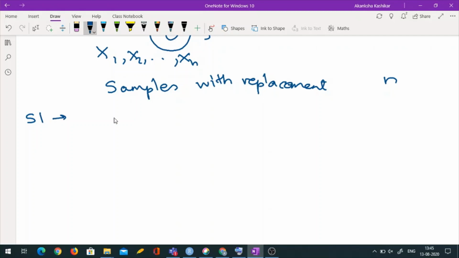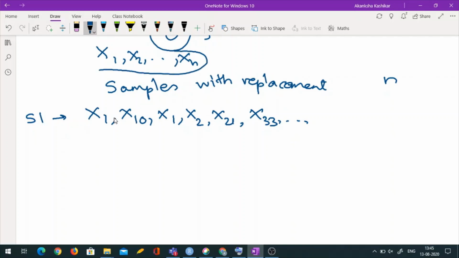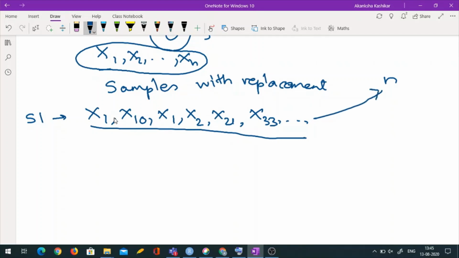Sample 1 may be something like x1, x10, again suppose x1 gets selected, then x2, maybe x21, x33, something like that, and I have to reach till n. So from these x1, x2, xn, I took a sample with replacement, and the size of this sample is also n.